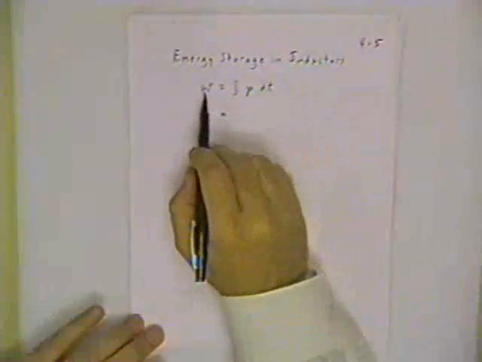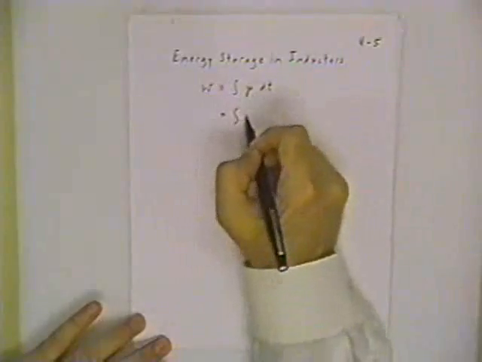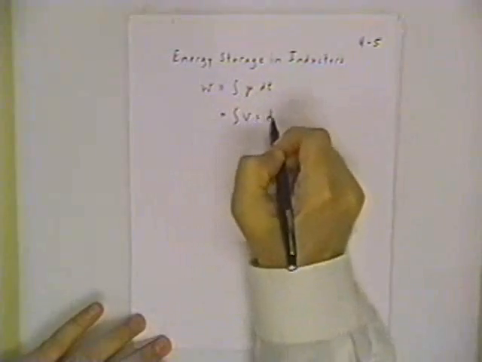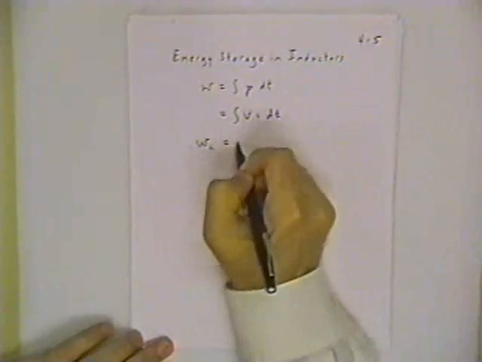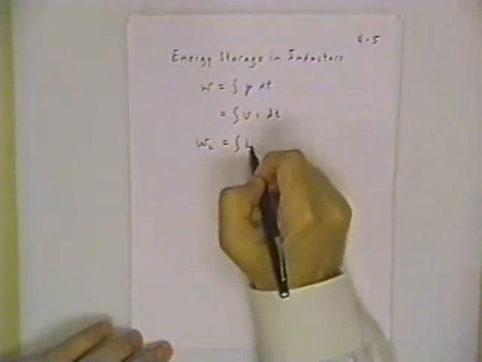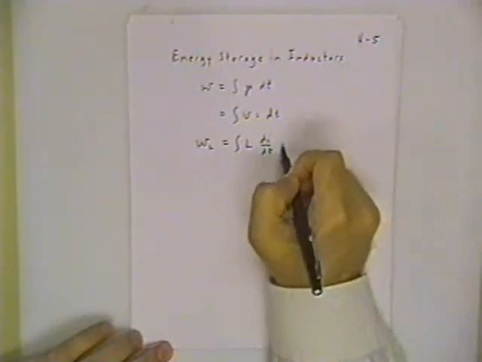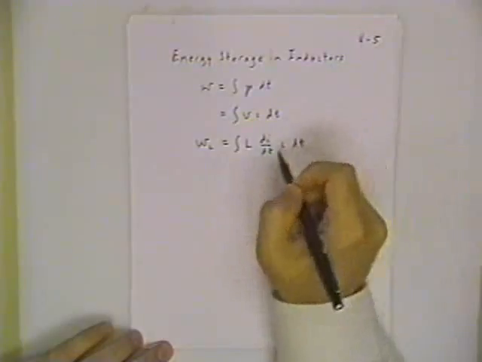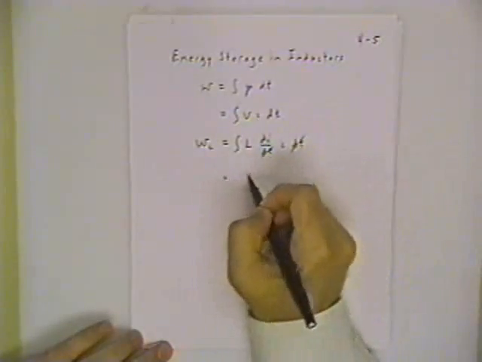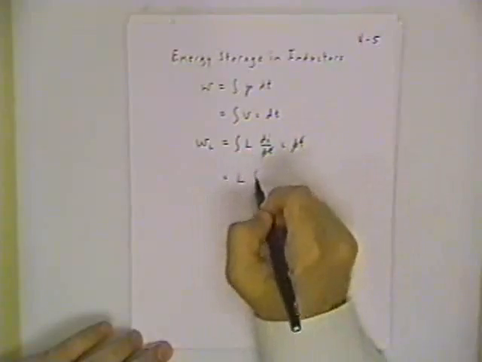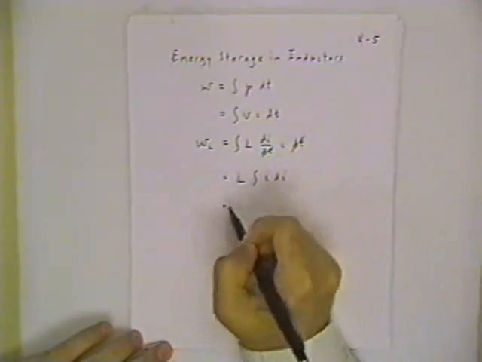You start off with the expression from basic physics that energy is the integral of power. It's the integral of V times I dt. For an inductor, you would have voltage is L di/dt. And again, with a nod to the mathematicians, we say that's a valid step. And we have L times the integral of I di.